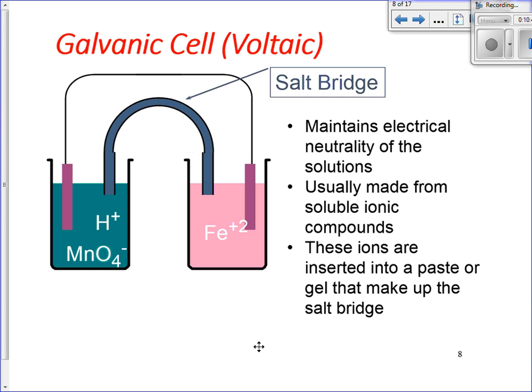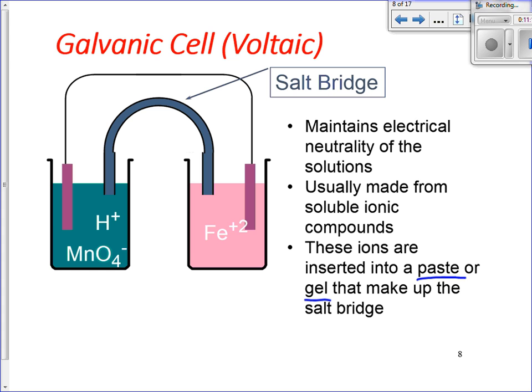So we want soluble ionic compounds that are going to be inserted into the salt bridge. Okay, and usually the salt bridge materials are made into a paste or a gel. Because obviously if you're inserting it upside down like that, gravity, if it was a solution, would make it fall right into the compartment. But if it's a gel, it will stick, and so we'll still be able to have the abilities of the salt bridge play a role without making it ruin the cell.